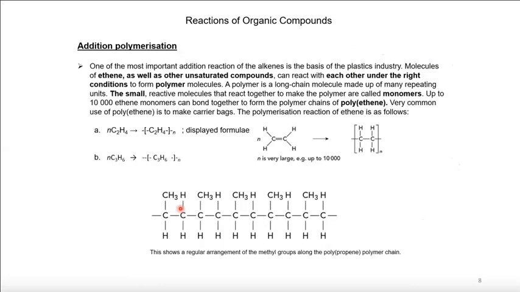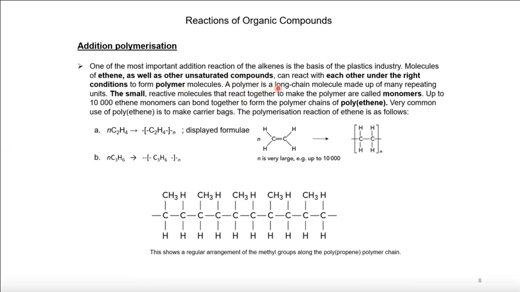Now, a very important topic, which we call addition polymerization. It's very important industrially, one of the most important reactions of organic molecules. Alkenes are the basis of the plastic industry. Molecules of ethene as well as other unsaturated compounds can react with each other under the right conditions to form polymer molecules.